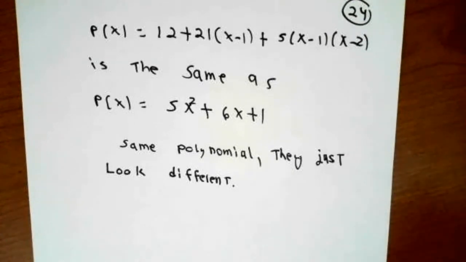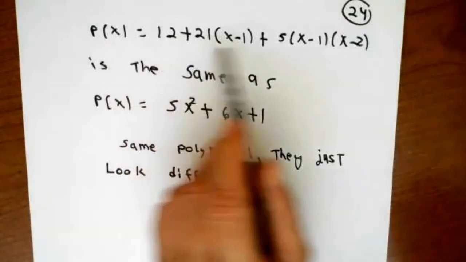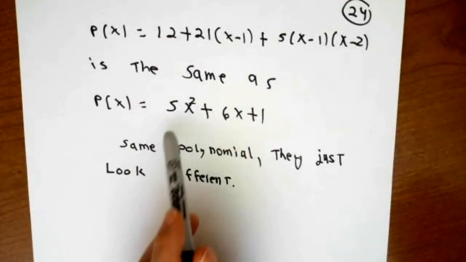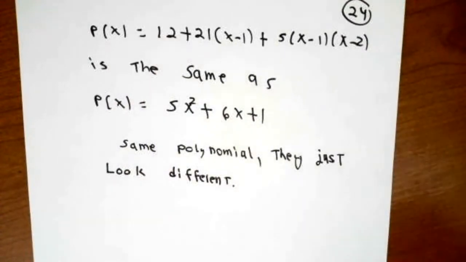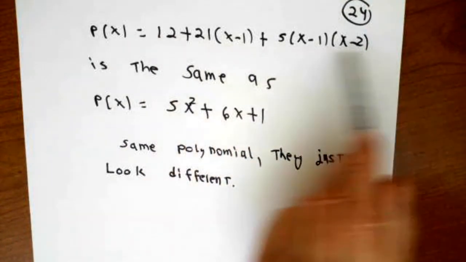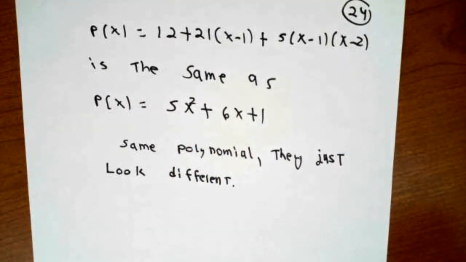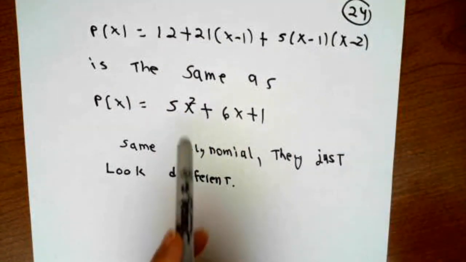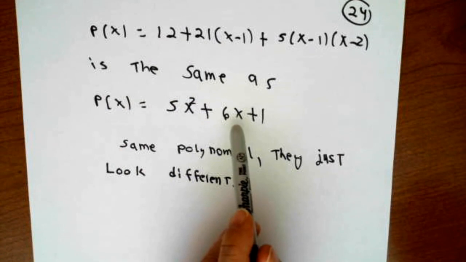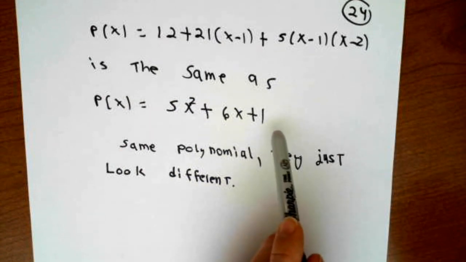So even though it doesn't look like it, this and this are the same thing. They're the same polynomial. If I've done all my work correctly, you could sit down and simplify all this stuff, and when the dust finally settled, you would get 5x squared plus 6x plus 1.